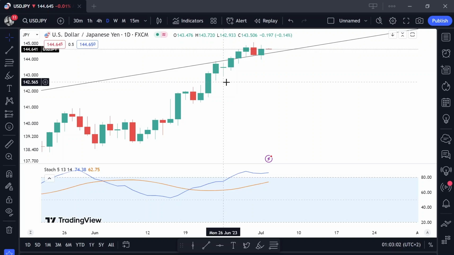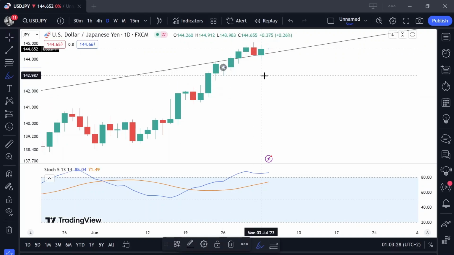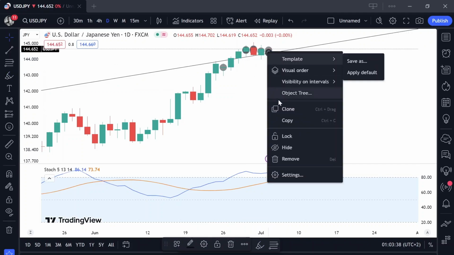If there's one thing that gives us a signal that the market is about to drop or go up, it's candlestick patterns. When you start to see candlesticks like a doji, like this one, or these candlesticks here, it simply means that the market is about to reverse.